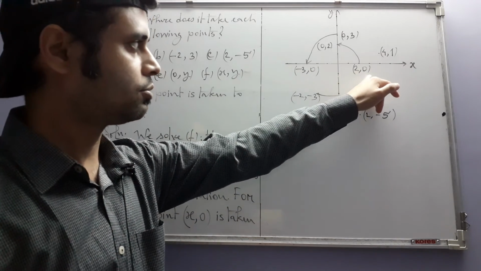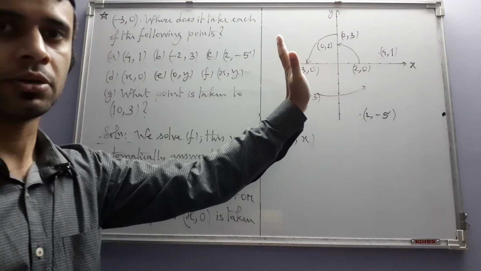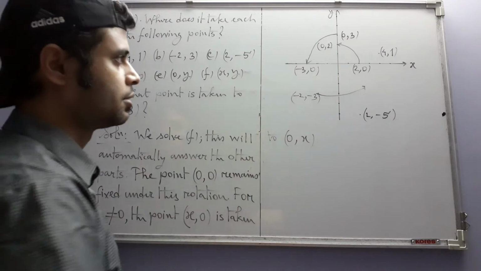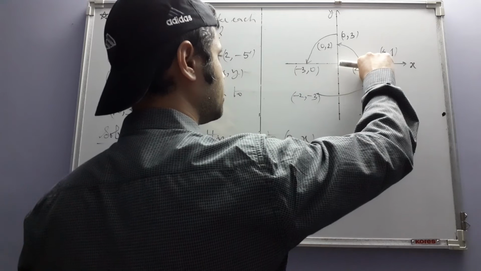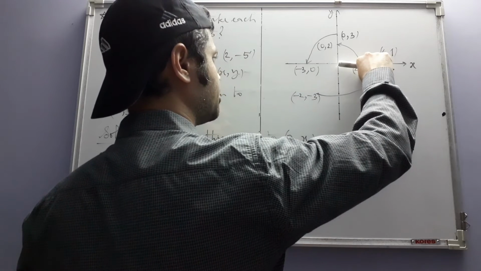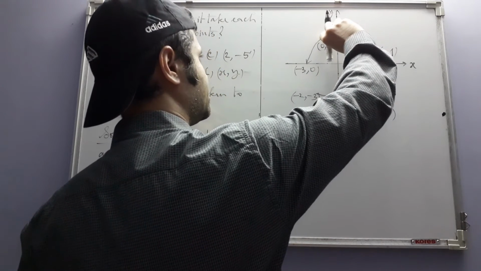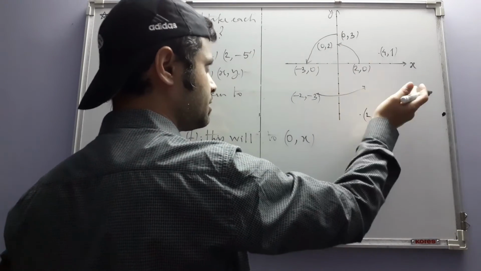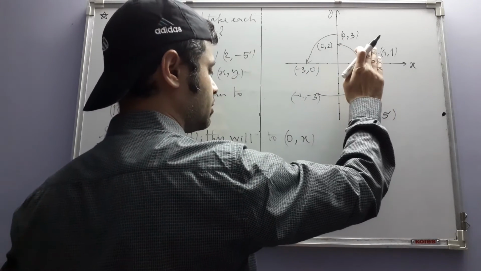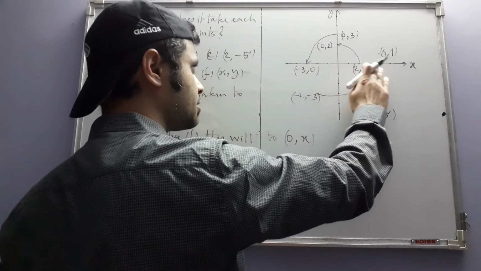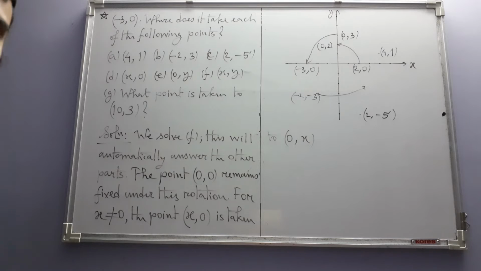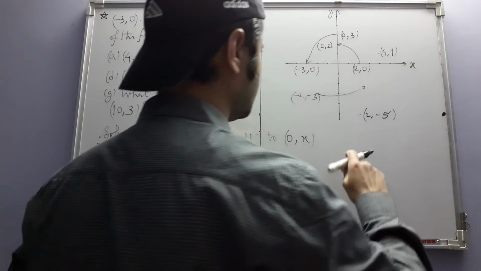For example, 2 comma 0 is taken to 0 comma 2, which you can clearly see why that is the case, because a 90-degree rotation will take all the points on the positive side of the x-axis to the positive side of the y-axis, and in such a way that for each one of them its distance from the origin does not change, that remains fixed.